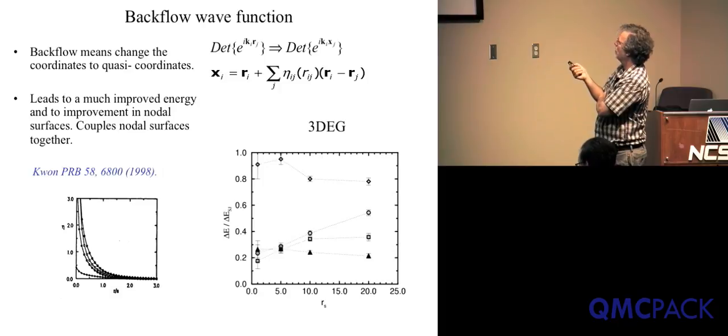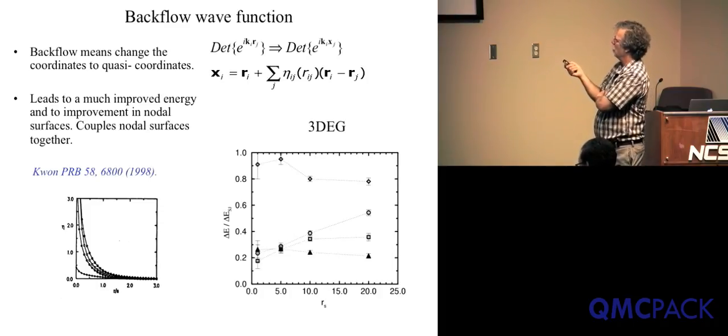That is, the electron coordinates become the bare electron coordinates plus something which is like a force acting on the electrons. And this picture here shows you what the best backflow functions look like.